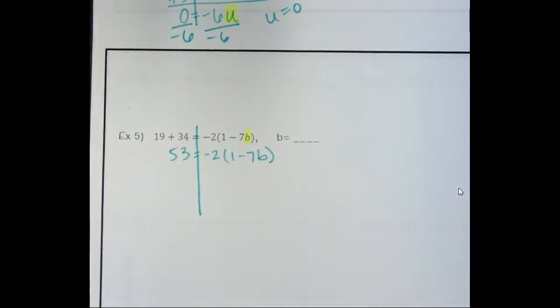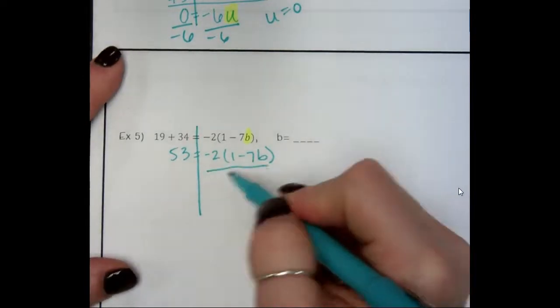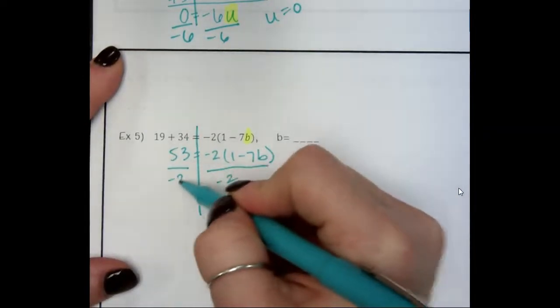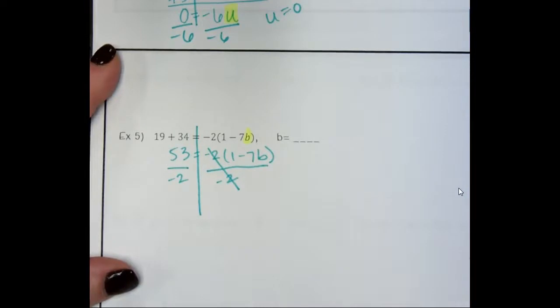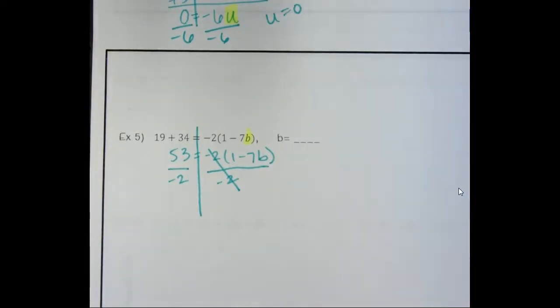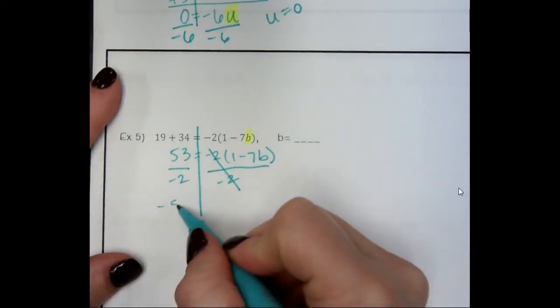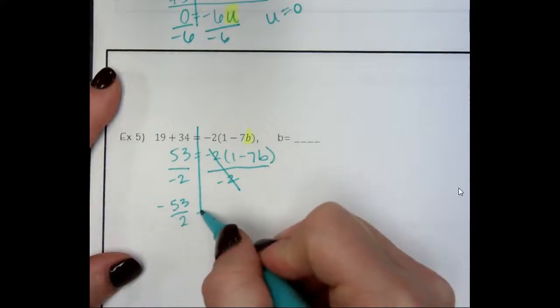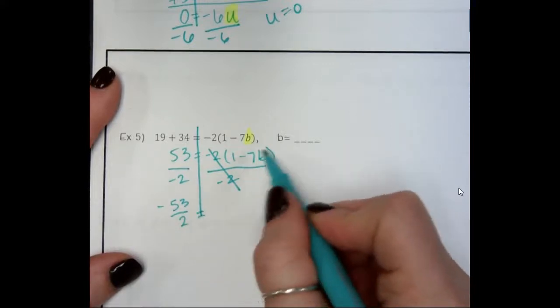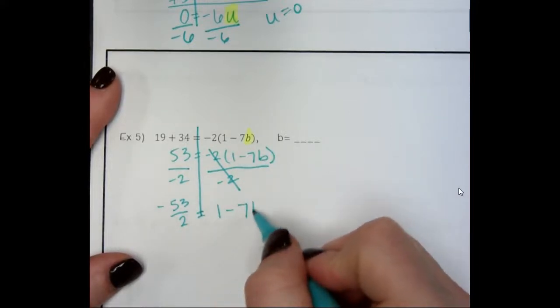Okay. Now I am going to go ahead and divide by negative 2. Just like we did last time. Well, 53 divided by negative 2 does not give me a whole number. So for right now, I'm just going to hold on to it. Okay? And then over here, I get to drop my parentheses: 1 minus 7b.